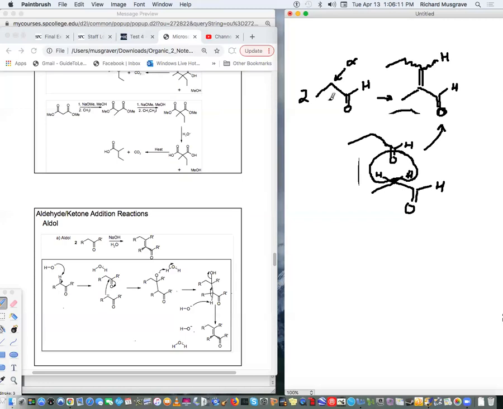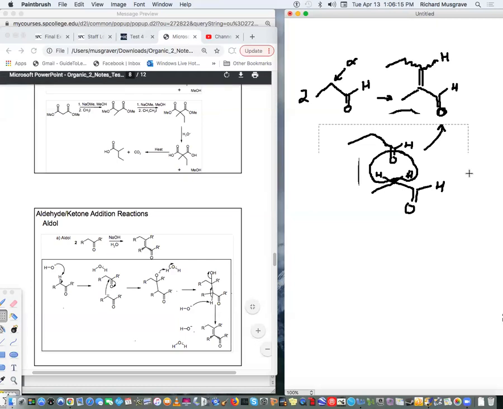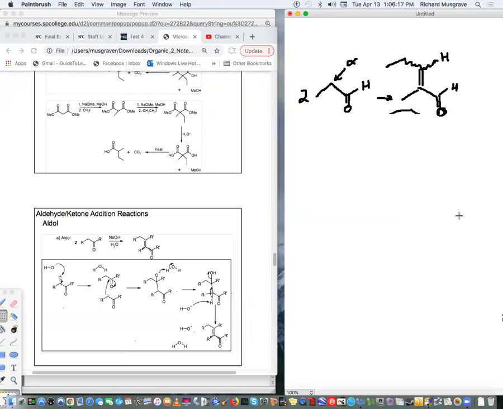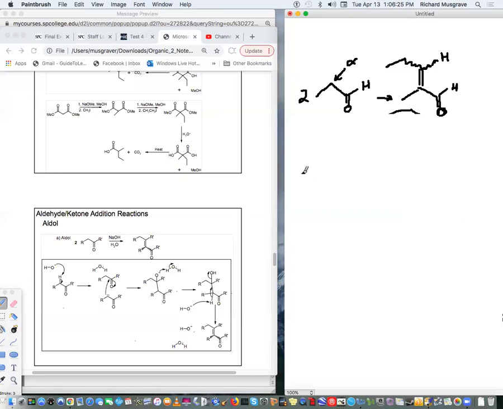Okay. Now that's going to come in handy later when we're doing synthesis problems, and you'll see that synthesis problems using the aldol reaction, but I'll get to that in a bit. That'll be later on. All right, let's look at the mechanism here.